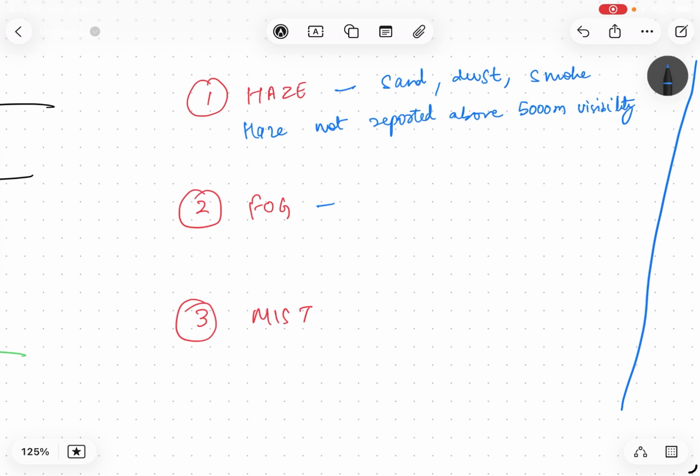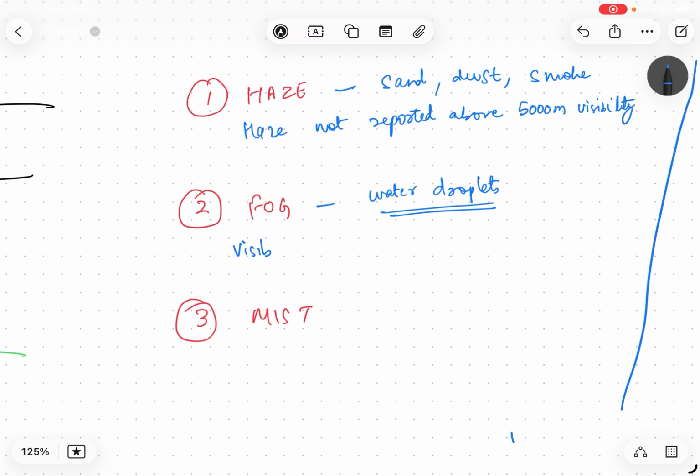Now what causes fog? Fog is normally, everybody could guess it, I'm sure, water droplets. In the case of fog, like you've seen in winters in Delhi, if somebody is from Delhi or from North India, visibility is less than 1000 meters, could be 0 meters, and since it's water droplets, obviously there is relative humidity close to almost 100% because it's all water droplets.